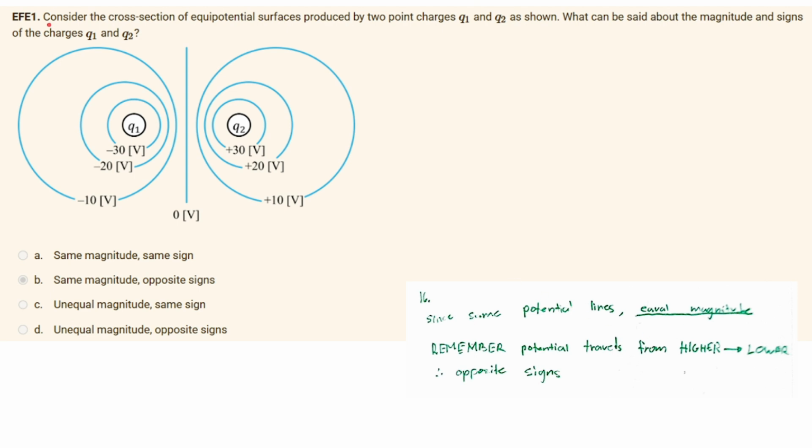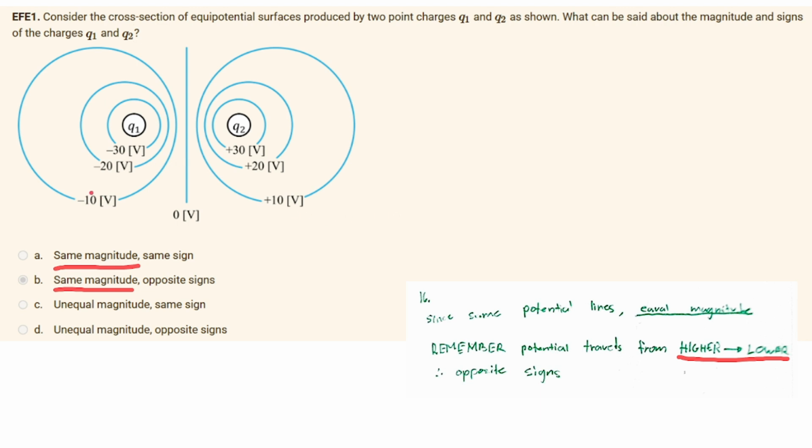For this question: consider the cross-section of the equipotential surfaces produced by two point charges q1 and q2 as shown. What can be said about the magnitude and signs of charges q1 and q2? We know that these are equal: negative 30, 30, negative 20, 20, negative 10, 10. So they have the same magnitude. But we also know that field lines travel from higher to lower potentials.